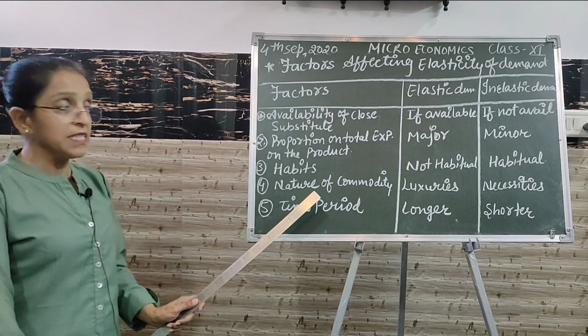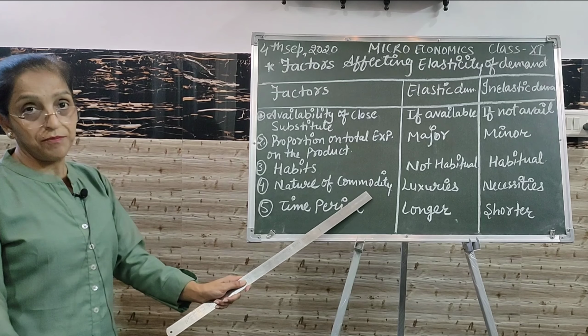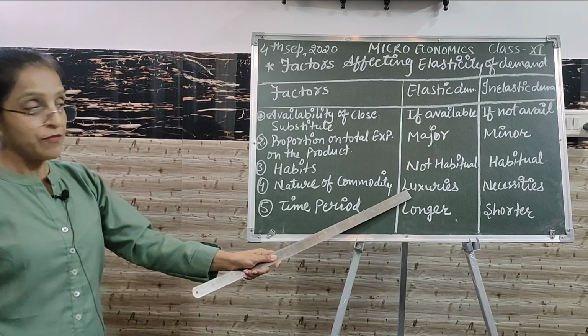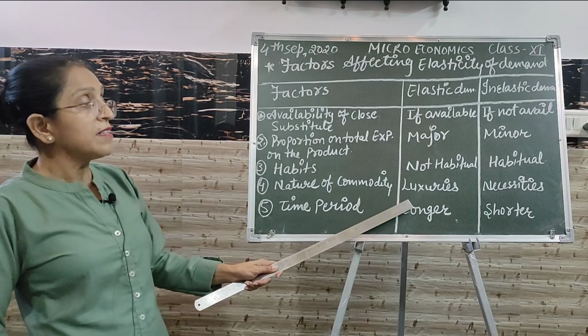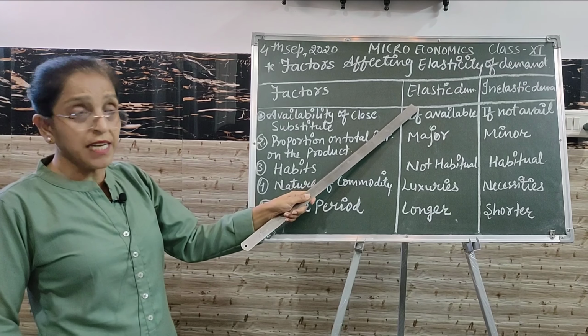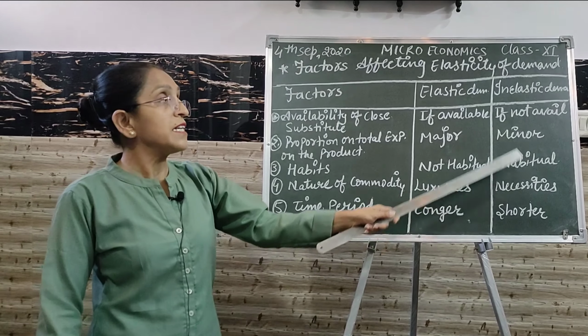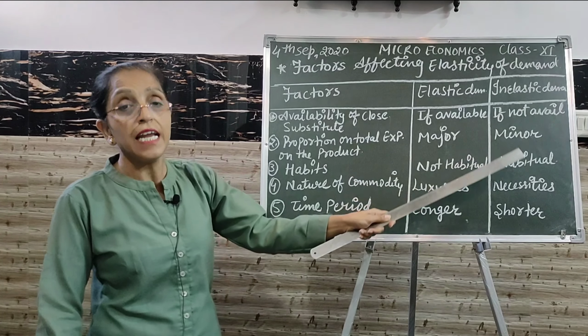Number fourth determinant, nature of commodity. If the commodity is a luxury, then the demand will be elastic, and if the commodity is a necessity, then the demand of the commodity will be inelastic.